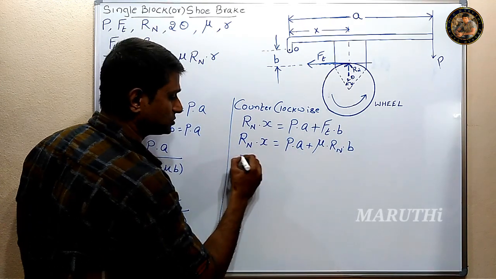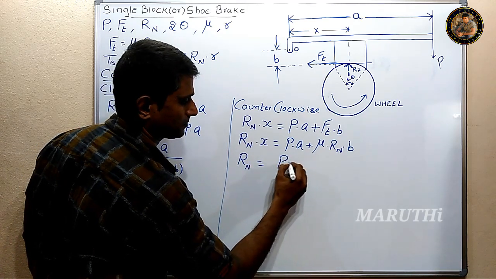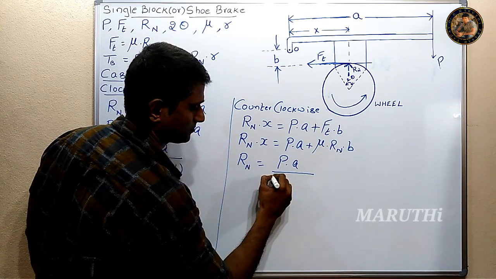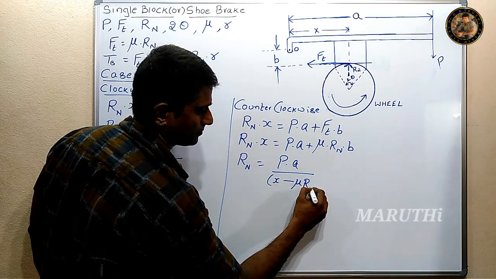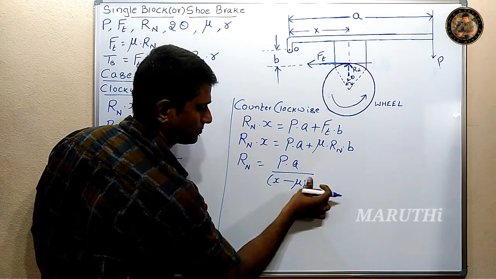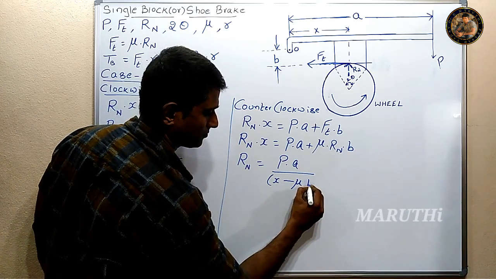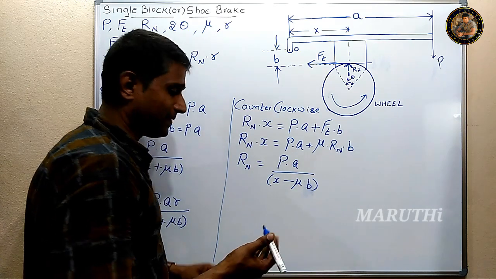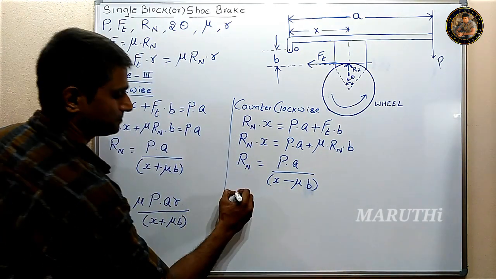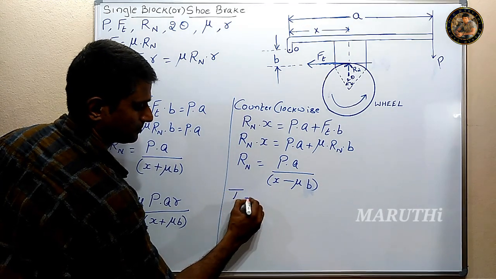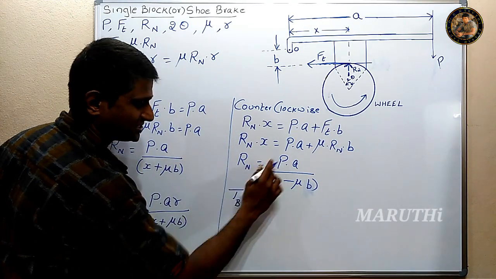So from this, Rn equals P into A by X minus mu B. So this is the Rn value. From this, the braking torque equals mu Rn.